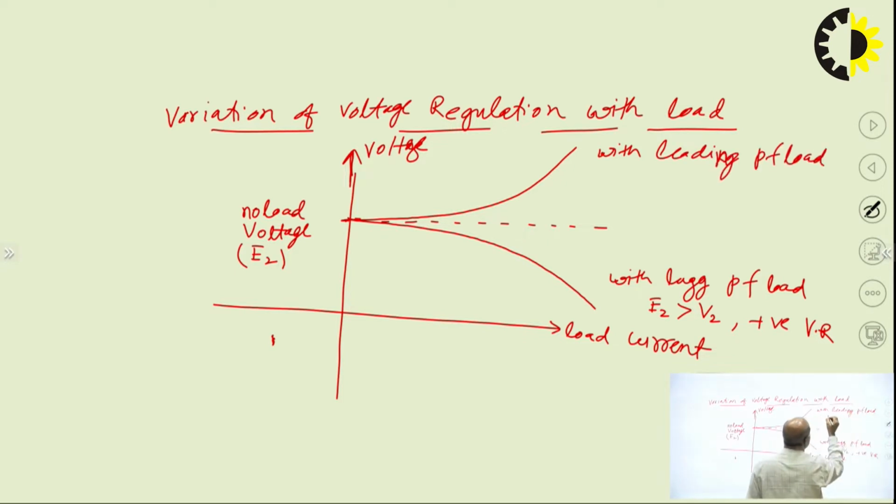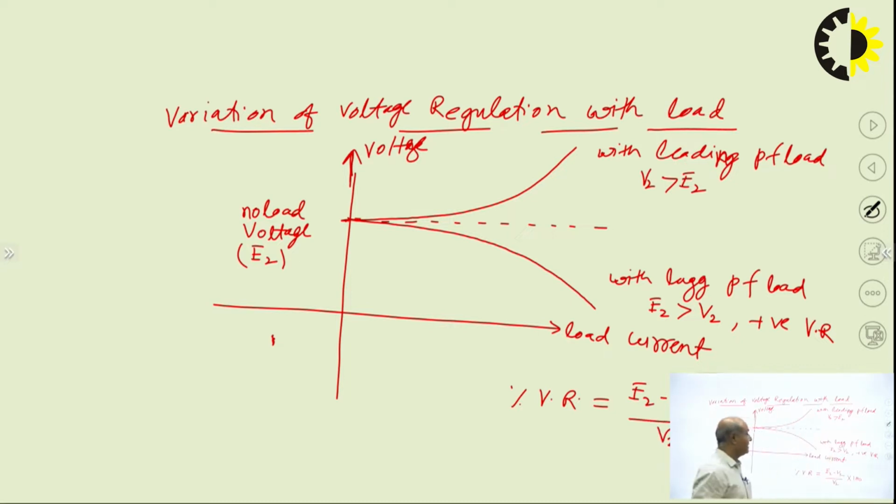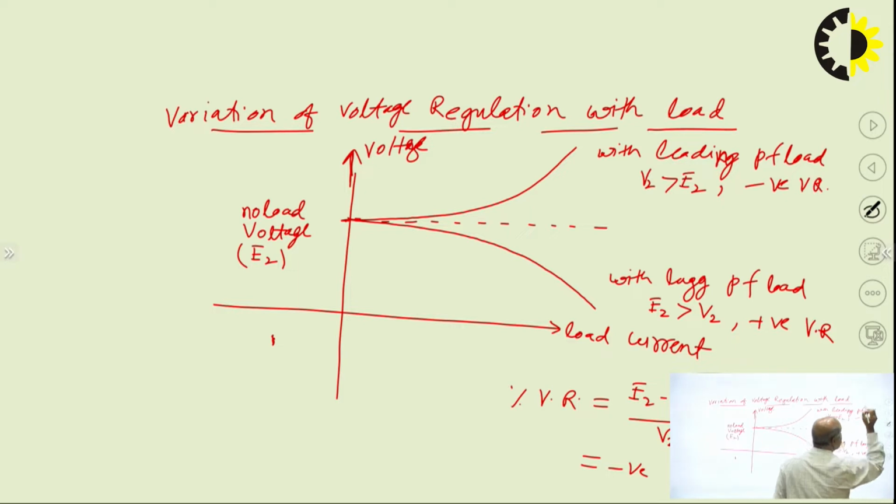Leading power factor load means V2 is greater than E2. We know the formula of percentage voltage regulation is (E2 minus V2) upon V2 into 100. When V2 is greater than E2, this becomes negative. Hence for this we get negative voltage regulation.